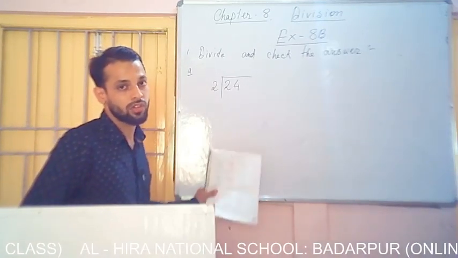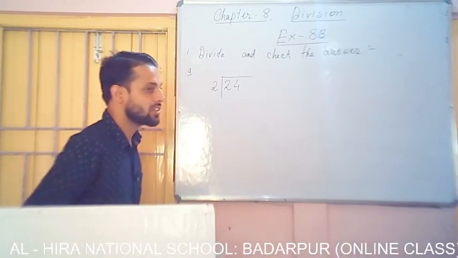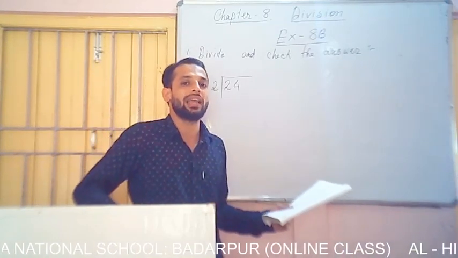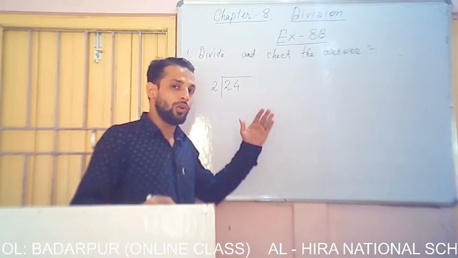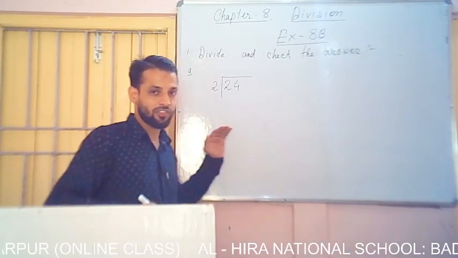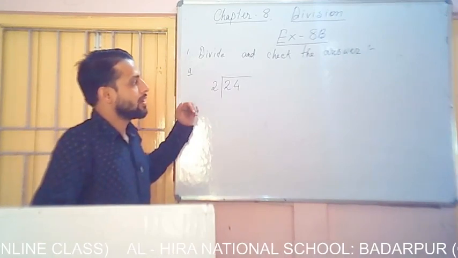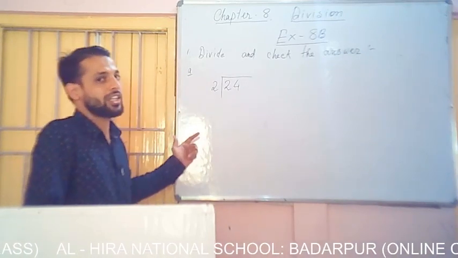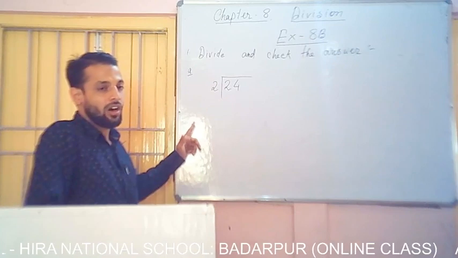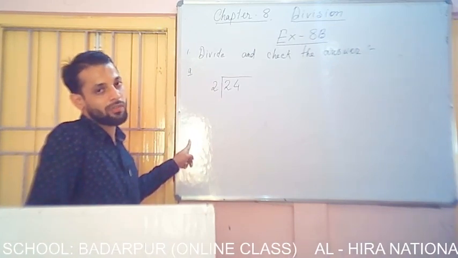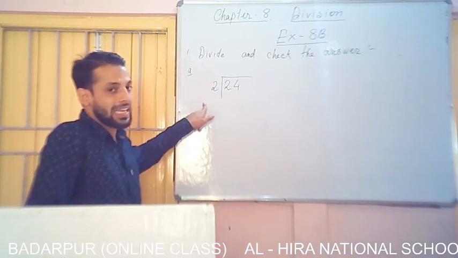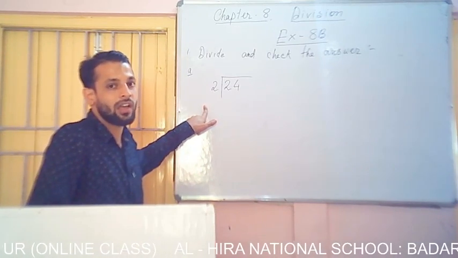That means if the dividend is a one digit number, we'll start from the ones place. If the dividend is a two digit number, we'll start from the tens place, or if the dividend is a three digit number, we'll start from the hundreds place. That means in division we have to start from the left side.